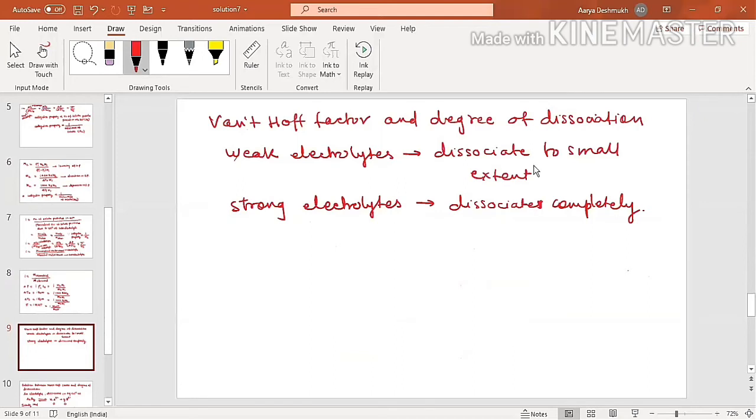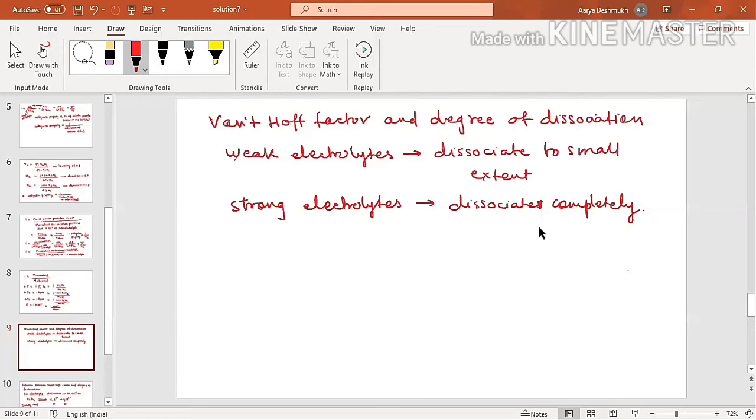Weak electrolytes dissociate to a small extent, while strong electrolytes dissociate completely. Now here, what happens? This is true for the strong electrolytes. Up till now, we are considering that the electrolytes are completely dissociated in their solution.